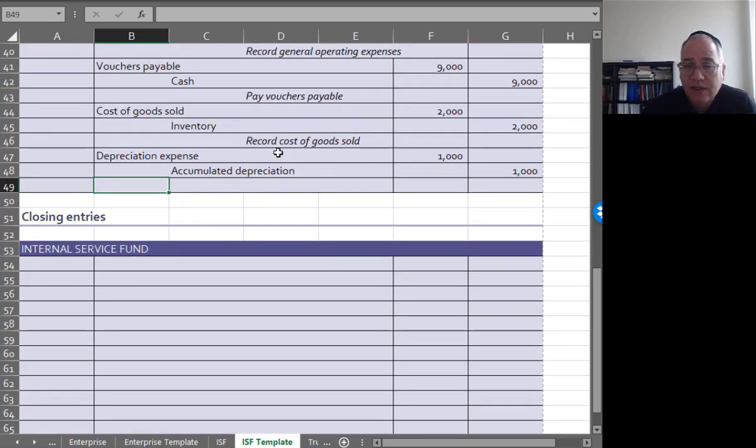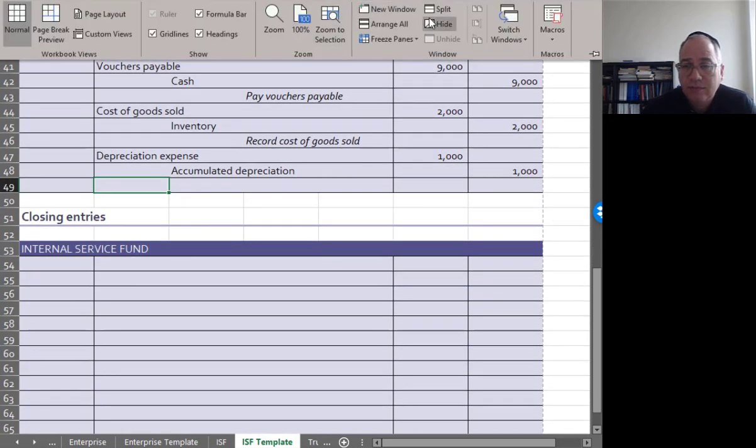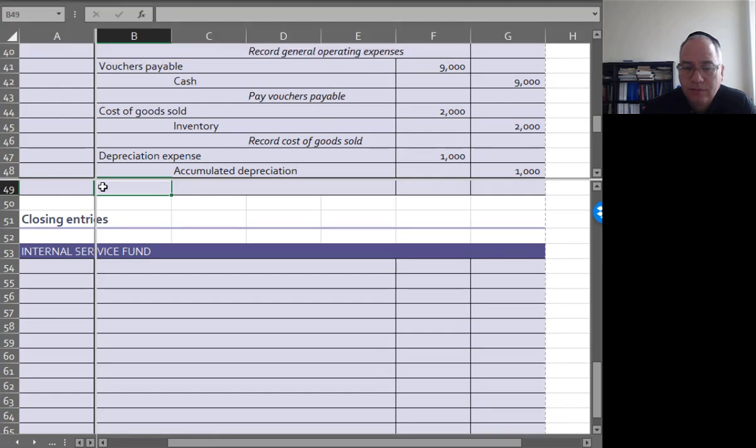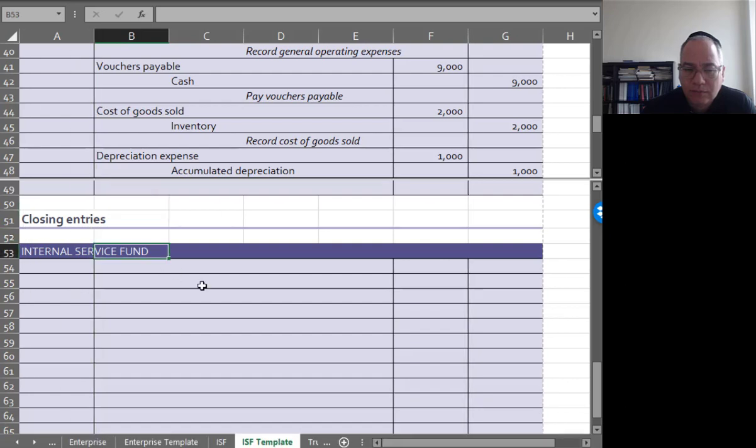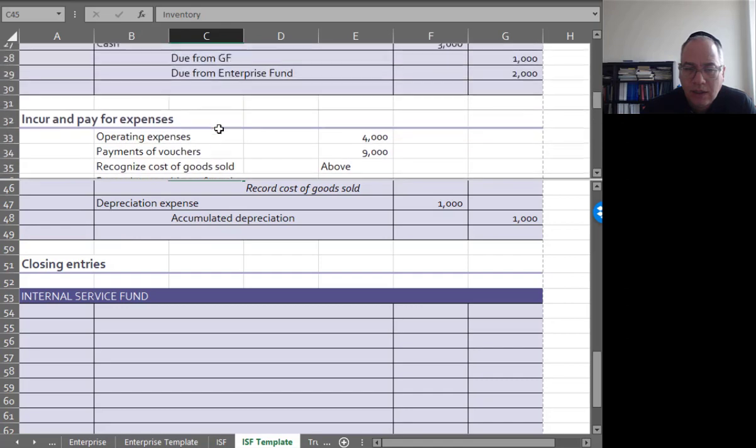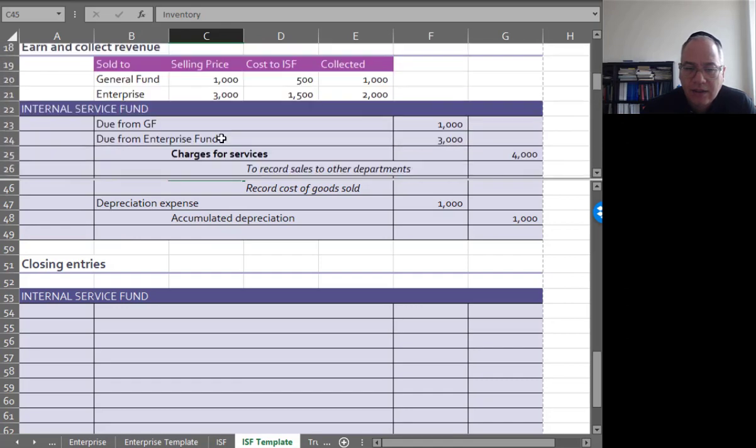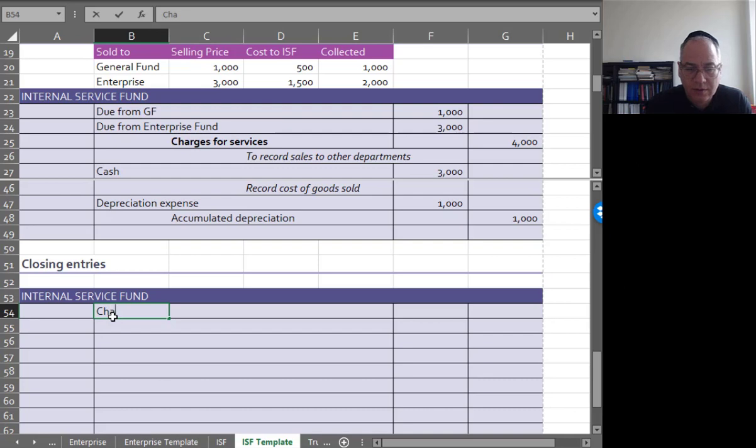And now again, I'm going to do closing entries. And I had this charges for services of $4,000. All the temporary accounts are going to be closed. Cost of goods sold will be up here.